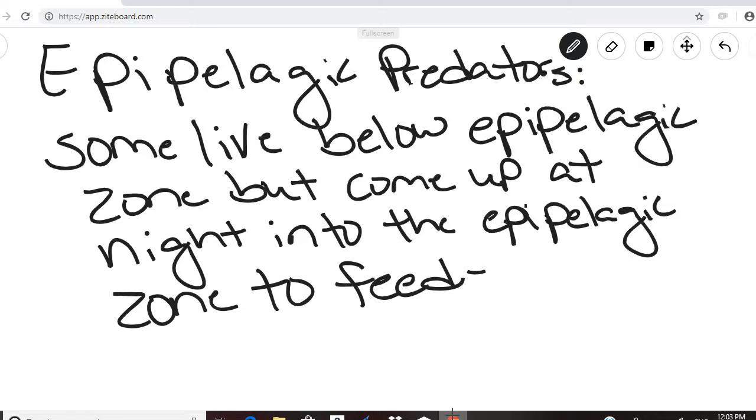And generally, the epipelagic predators are not picky eaters, so they're typically small fish that eat plankton and other small fish. And generally, the size of the prey is proportional to the size of the predator.